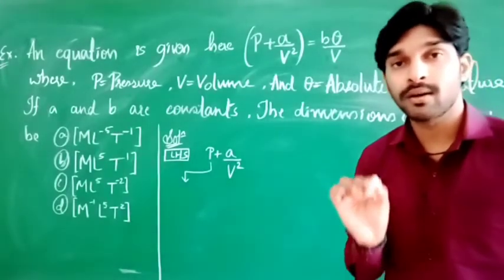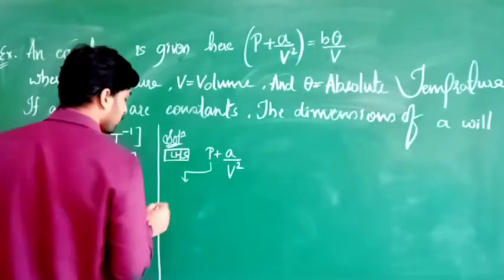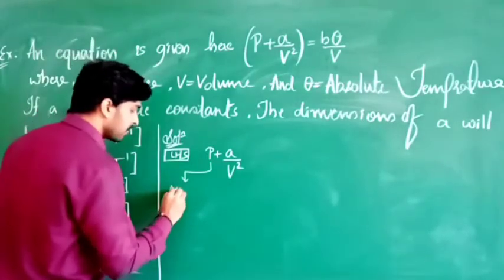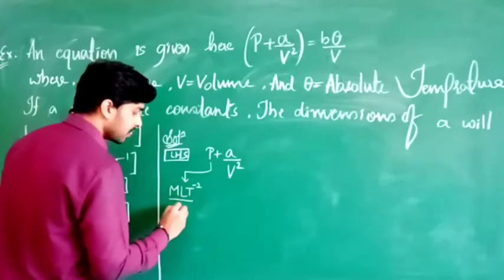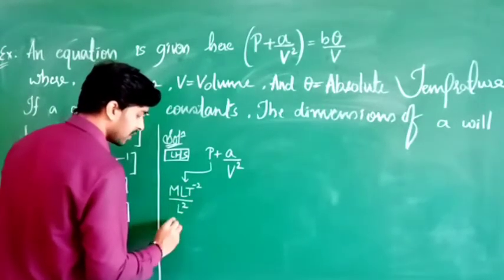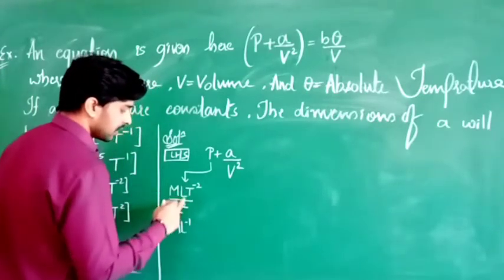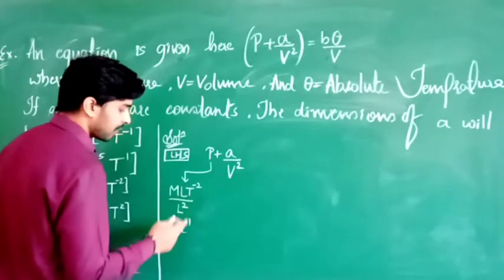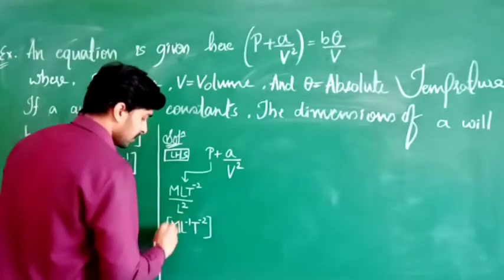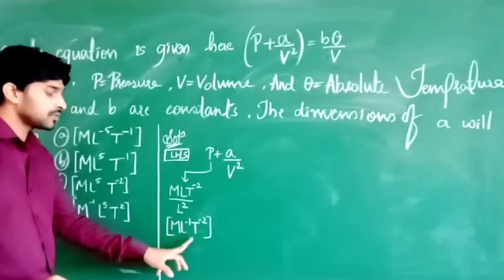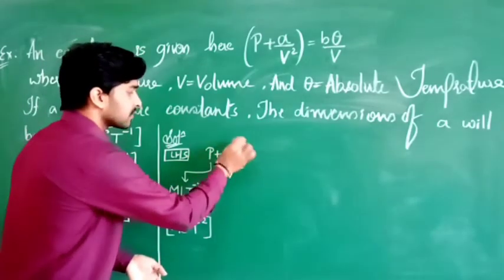So F divided by A is pressure. F is M L T to the power of minus 2, per unit area means L square. Finally I get M L power minus 1 T power minus 2. This is the first term, and the same dimension I should get here.